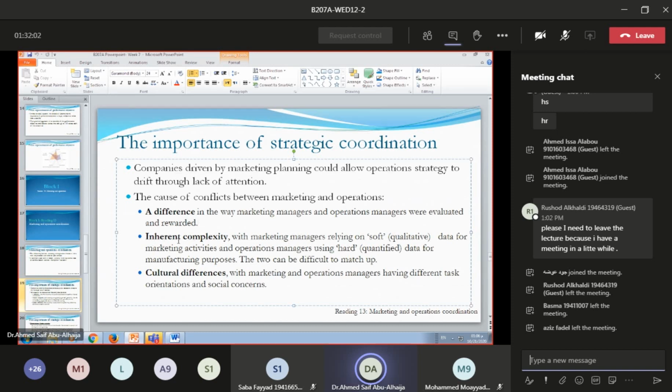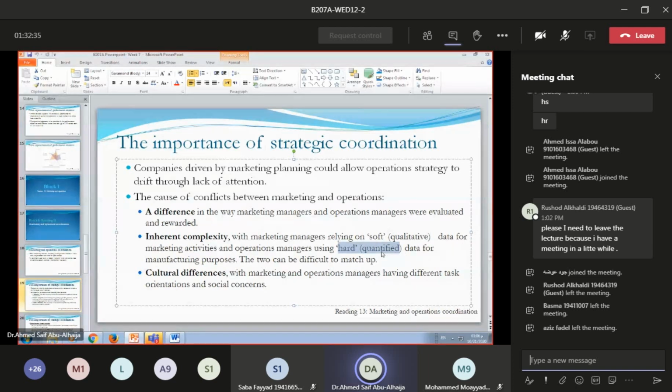Inherent complexity, with marketing managers relying on soft, qualitative data for marketing activities, and operation managers using what? Hard data. Why? Remember, operation is input, process, output. This is the main goal. They have quantified data about the speed, about the quality.